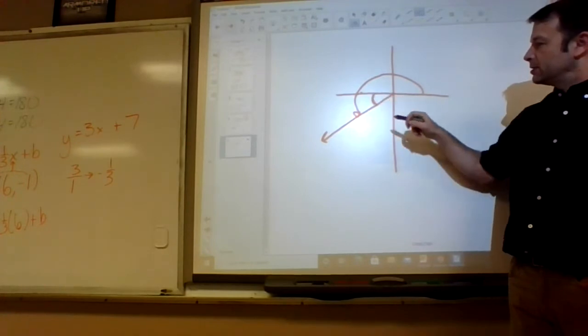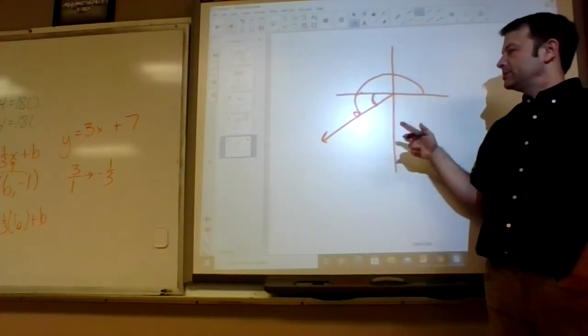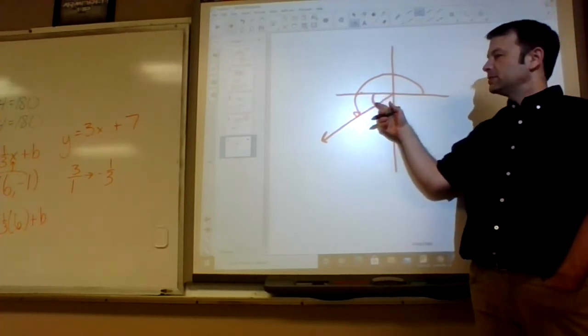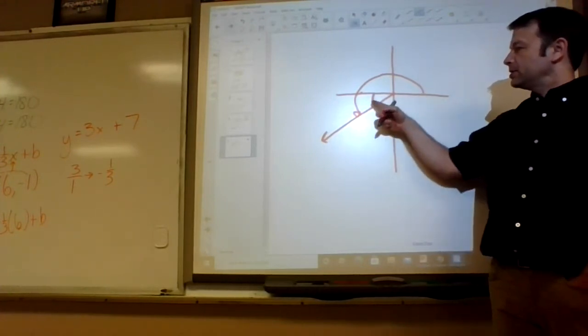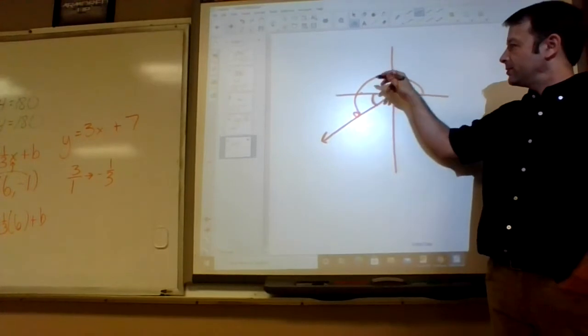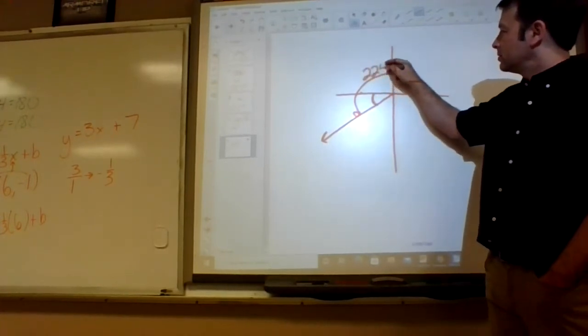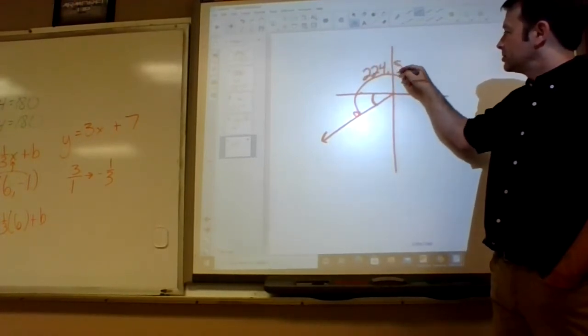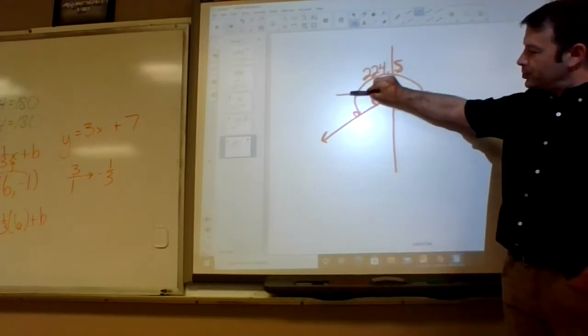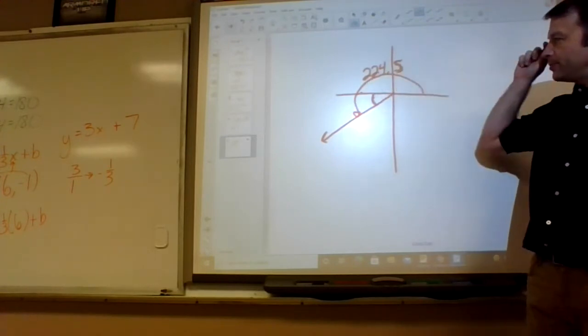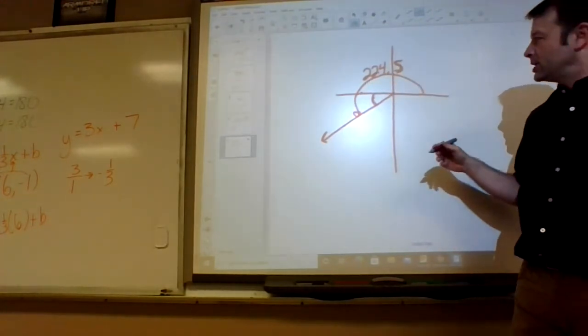So how do we find this angle? If this is 224.5 and this is 180, then this would be the gap between those two. So do 224.5 minus 180.